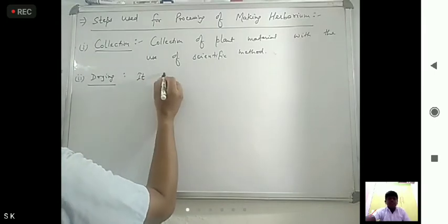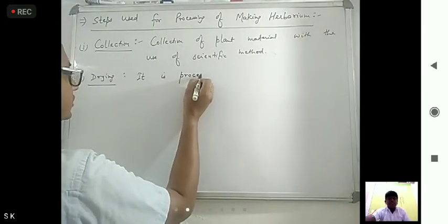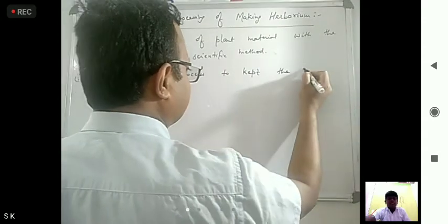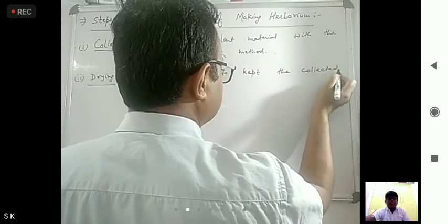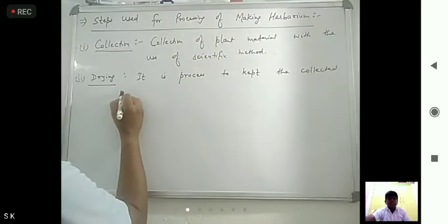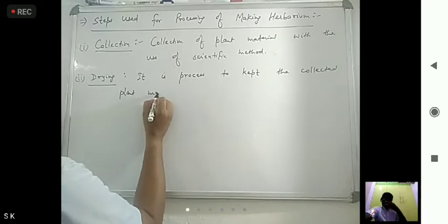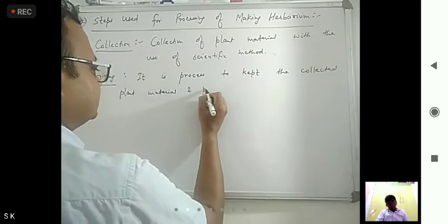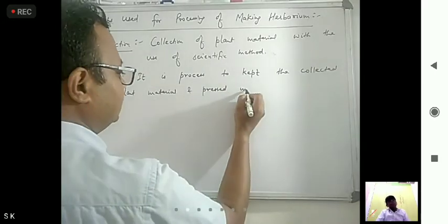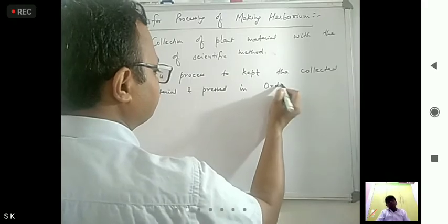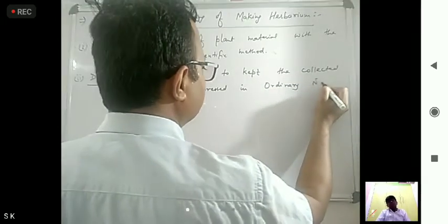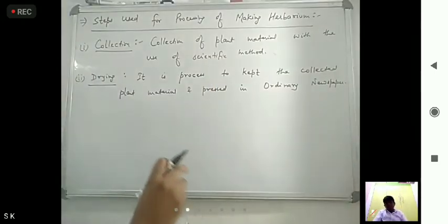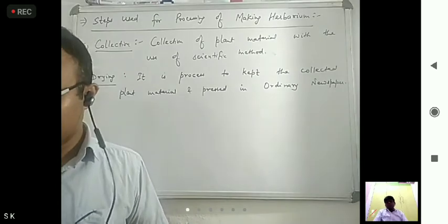It is the process to keep the collected plant material pressed in ordinary newspaper so that its moisture should be what? Absorbed. Okay, so that is drying.